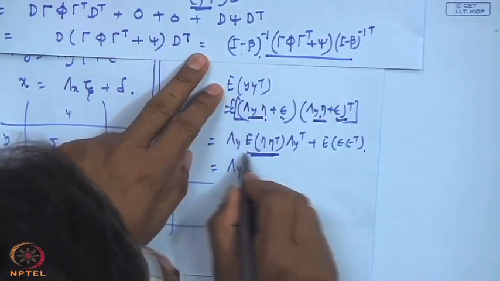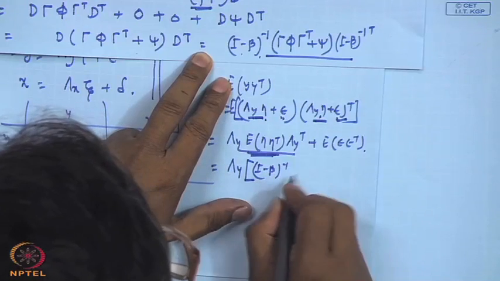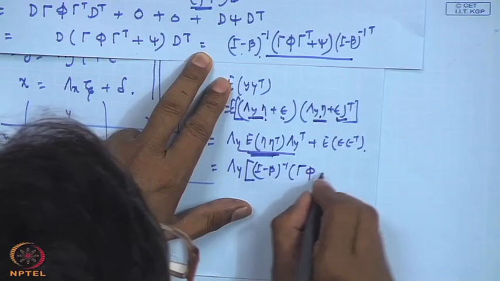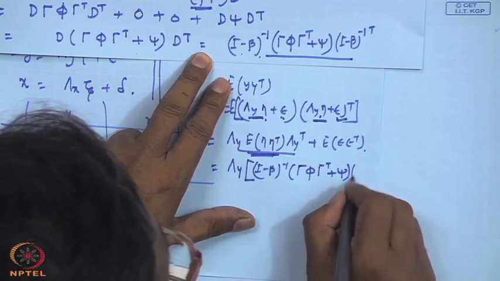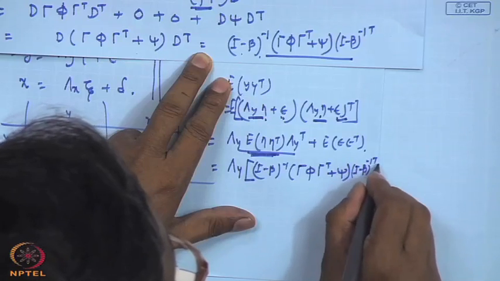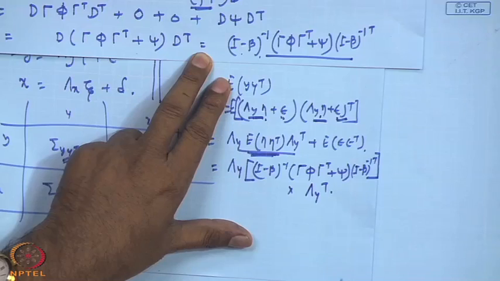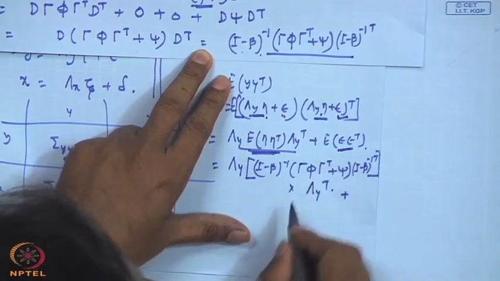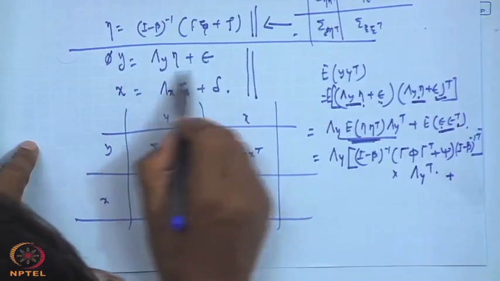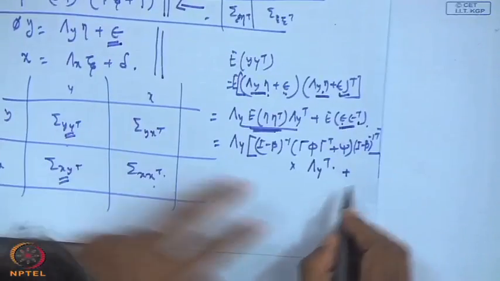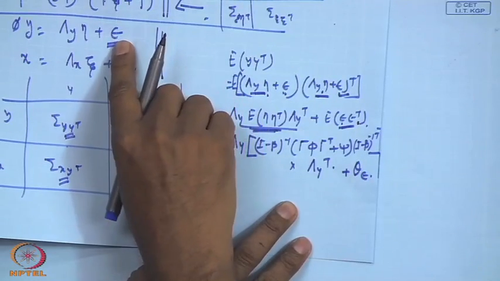So, if I write here, this part will become I minus beta inverse, then gamma phi gamma transpose plus psi, I minus beta inverse transpose, this into lambda y transpose, plus epsilon epsilon transpose. You will see that we are talking about this equation. This is the error term, which we can write as theta epsilon. This is the covariance between epsilon epsilon.